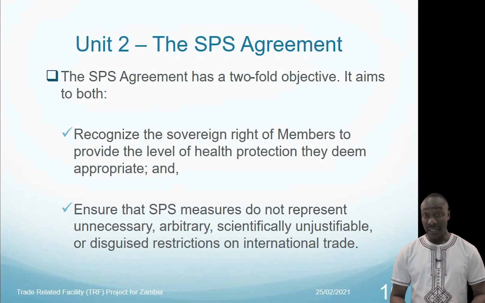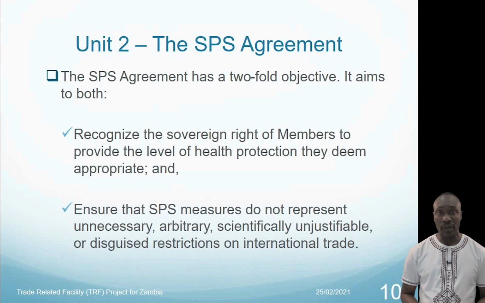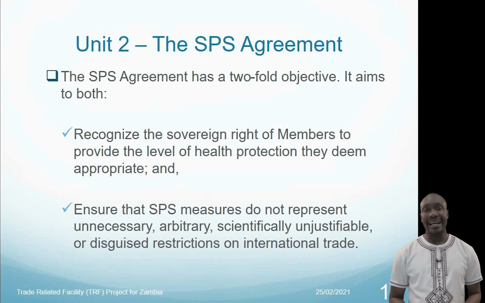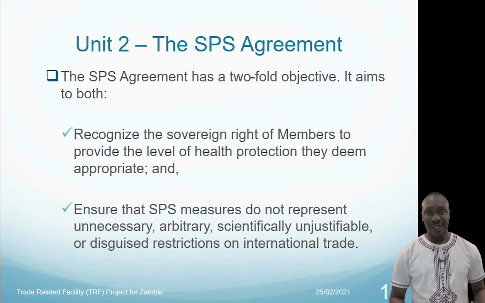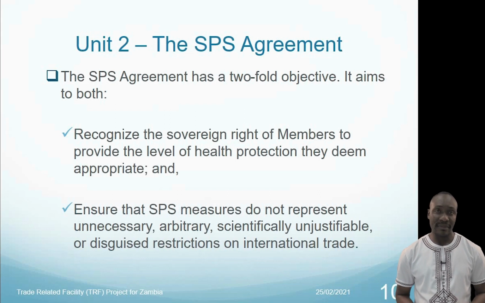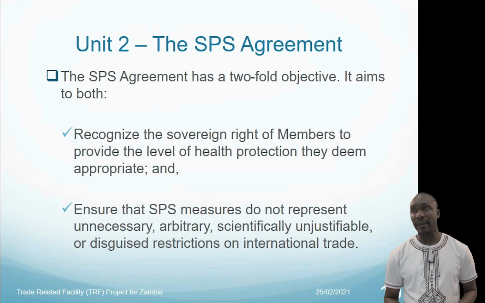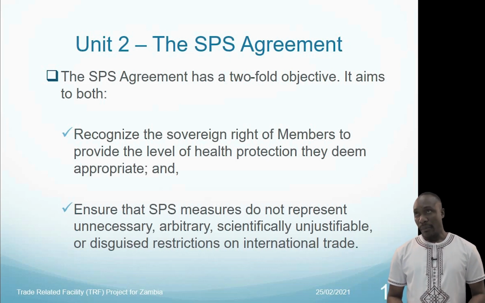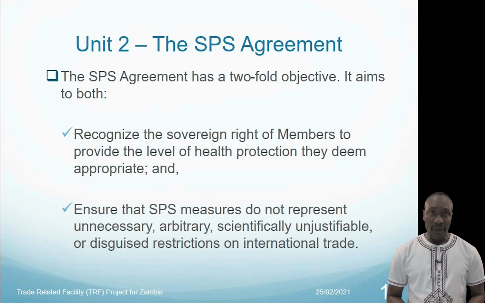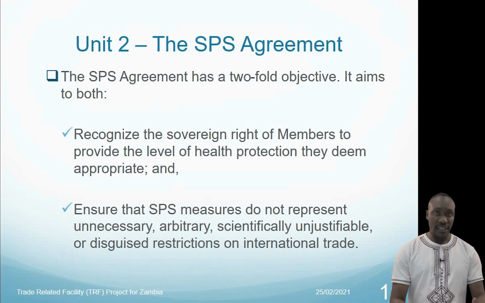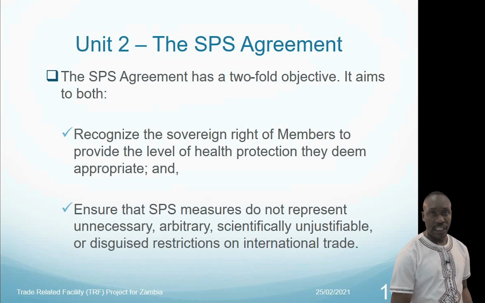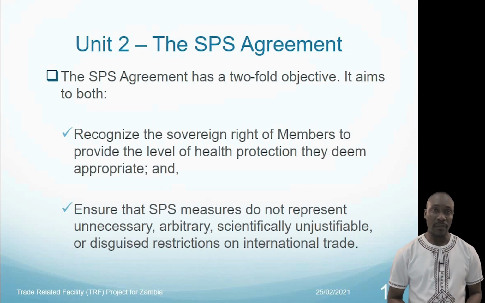Okay. These usually, when not applied very well, the SPS measures become a disguised tool by governments to protect their producers or manufacturers. So they'll say, we don't want this level of bacteria in milk, and yet maybe there is no scientific justification for that.